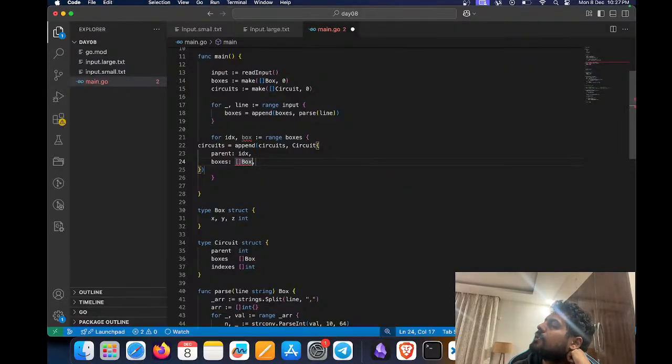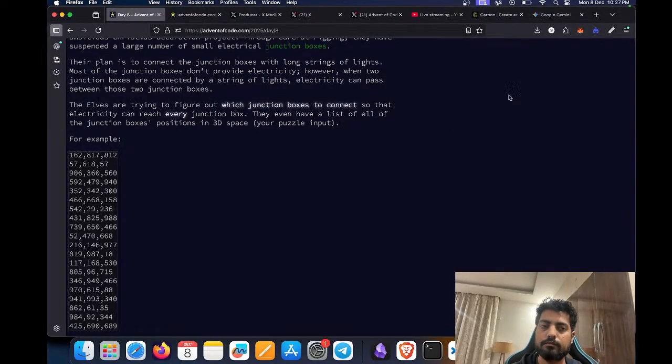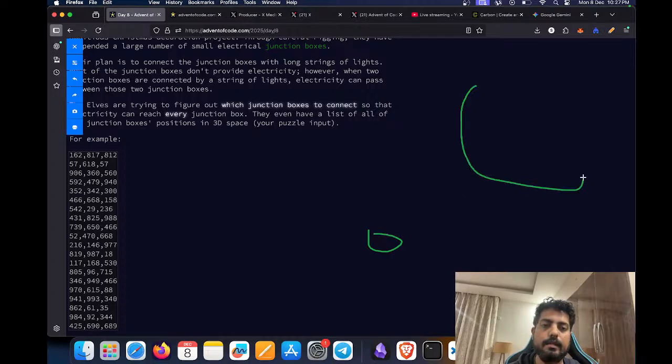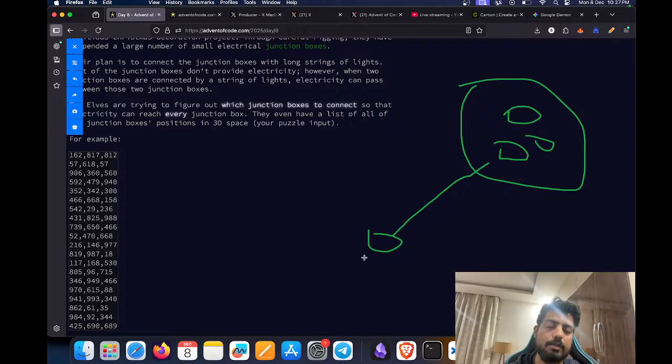So I did this algorithm a long time back, but what we need to do is, let's say that this is a set. This set has three elements, which are all connected to each other. And the next shortest distance is the distance of this element, which is outside the set, to one of the elements here.